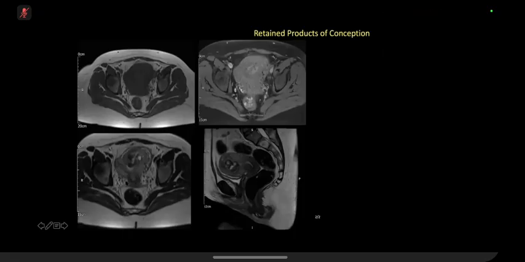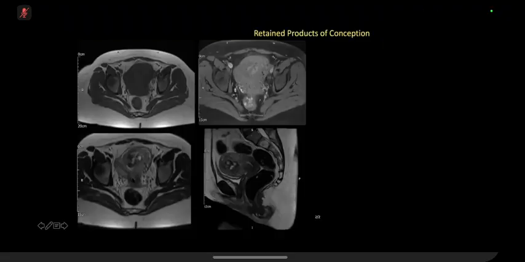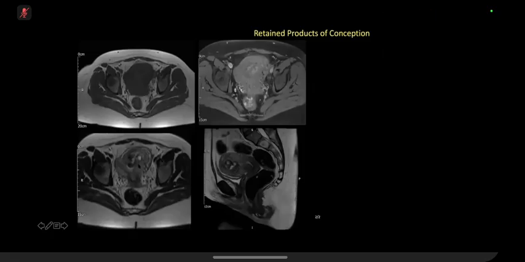Has she got a rudimentary horn? I don't know whether I've got that in my head from the beginning. Yeah, it might be a rudimentary horn, or it could be a partial one. So the serosa is intact, so it could be a dehiscence of the lower uterus. No, we're not going into rupture territory.